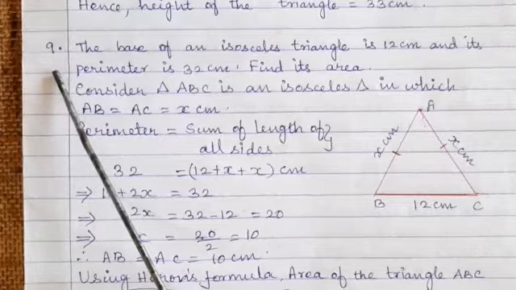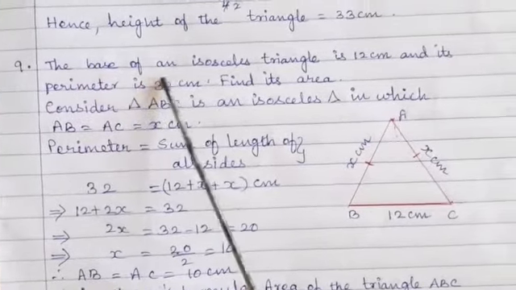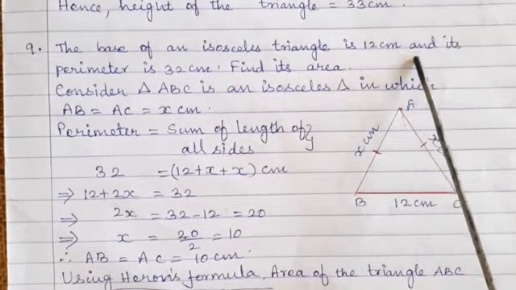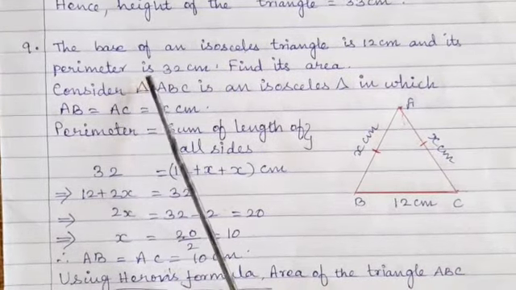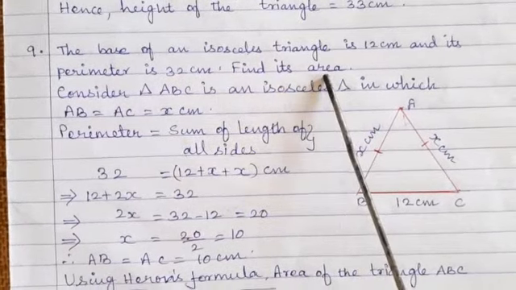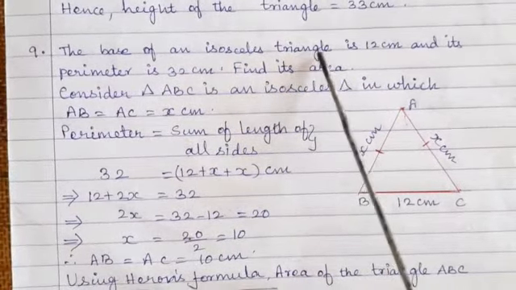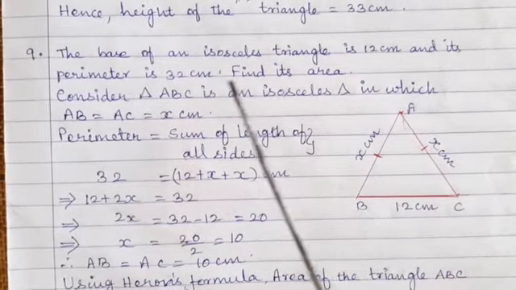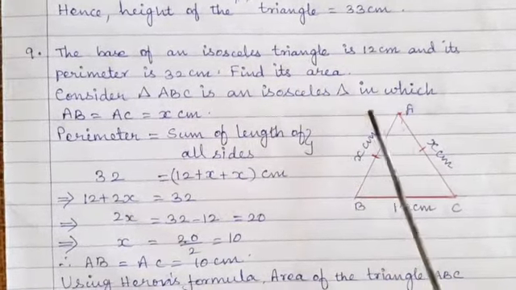Question number 9. The base of an isosceles triangle is 12 centimeter and its perimeter is 32 centimeter. Find its area. Here what is given? Isosceles triangle, base is given and perimeter is given. Isosceles triangle means two sides are equal.